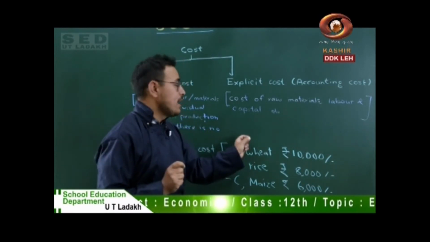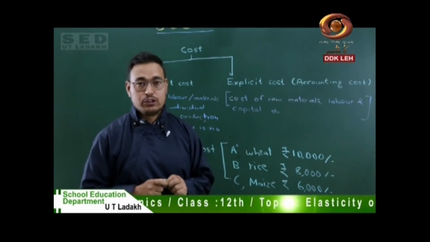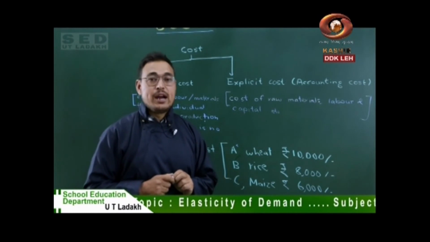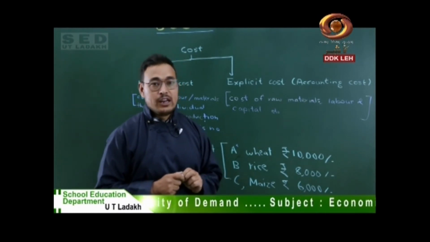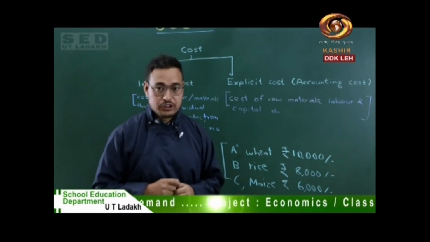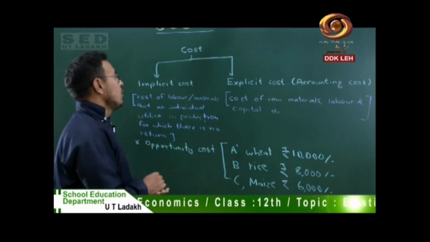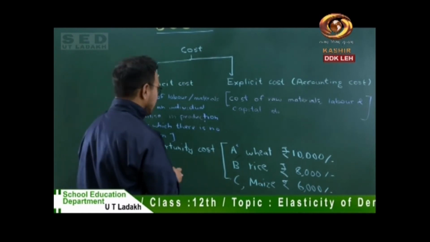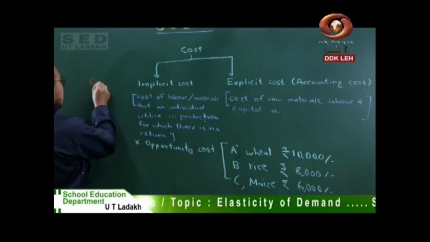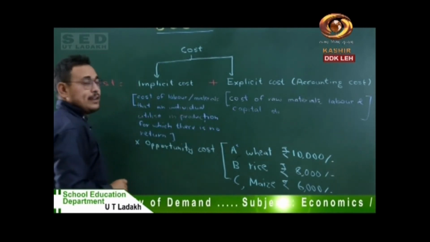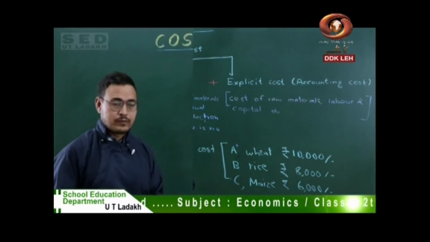For that estimation, I am again using the concept of opportunity cost, where my cost is now 50,000 rupees, which I might have gained if I had worked in place of doing my own production. So whenever we talk about cost in economics, we use both concepts. That is, cost over here represents both implicit cost and explicit cost.